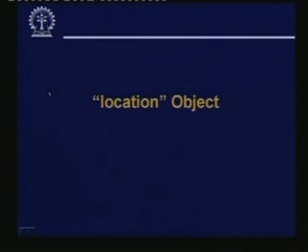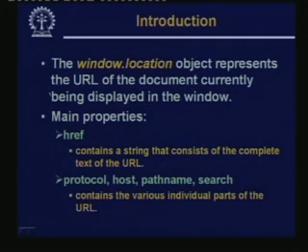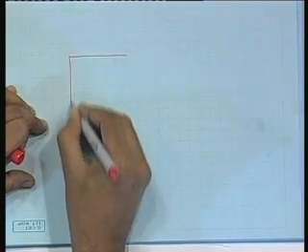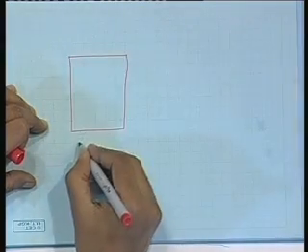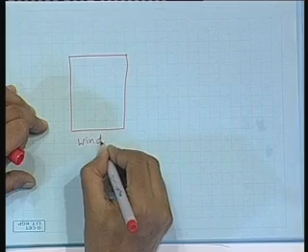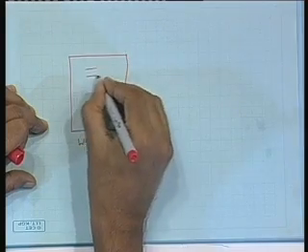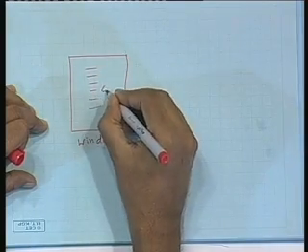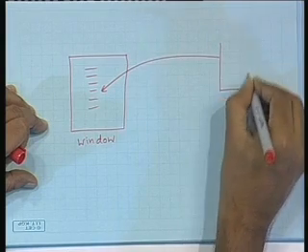Next, let us come to the location object. Now, as I said, the location object is something using which you can specify the URL of the document which is displayed in the window. So, here the idea is again like this: you have the window, and whatever is being displayed in the window has come from somewhere else.